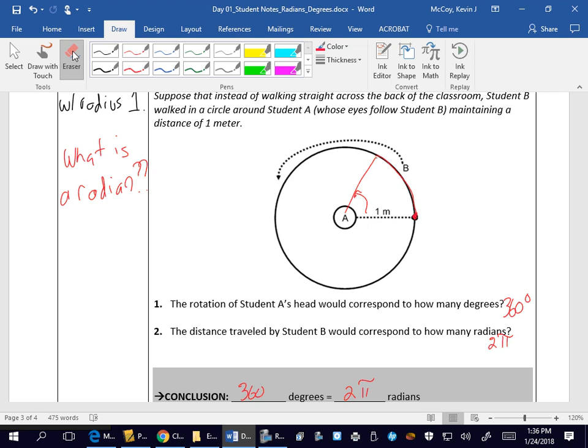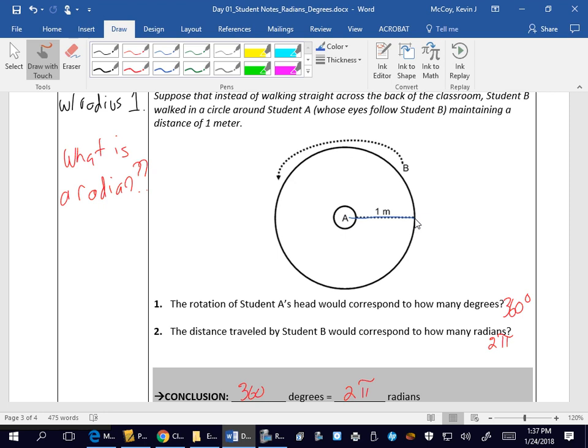Let's go ahead and erase this. So a radian is, this is what you have to think about, and it's no coincidence that the word radian sounds like the word radius, because they are related extremely well. If I measured the radius of this circle, the measure of that radius is 1.